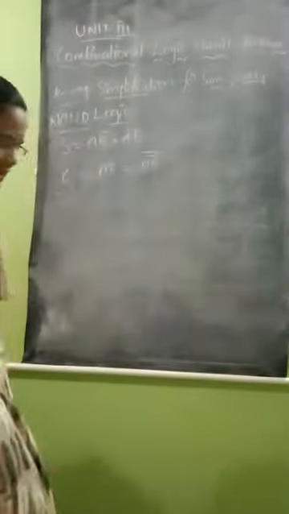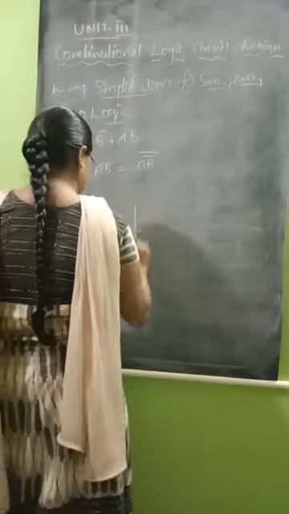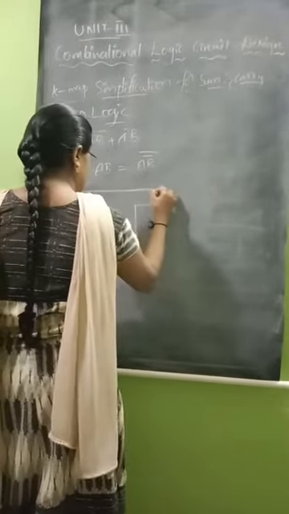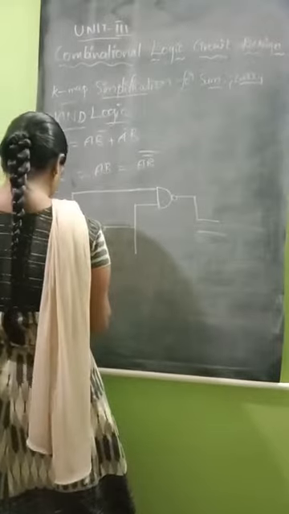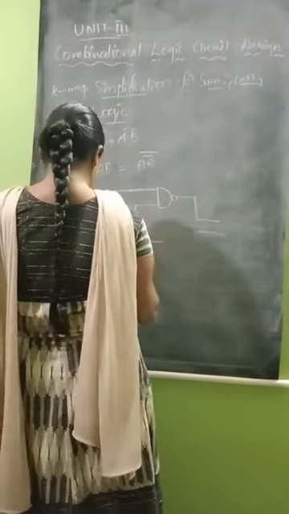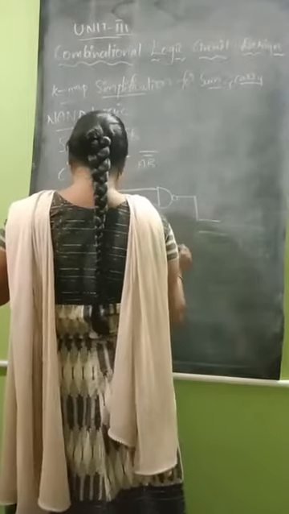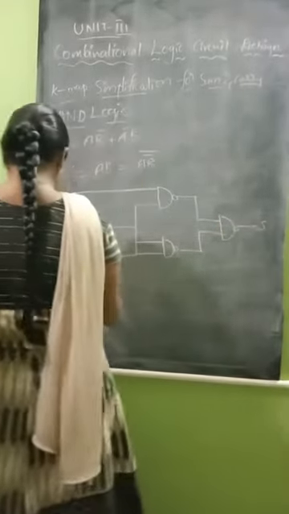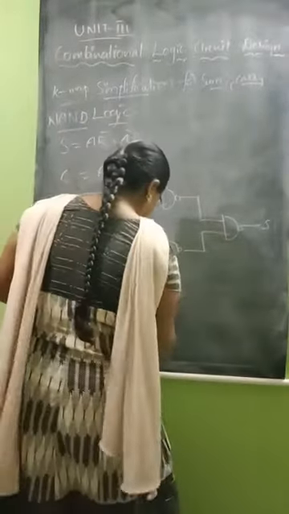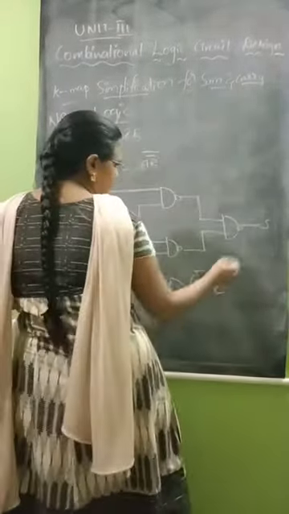So by using the NAND logic circuit, here AB double bar, this is the carry and this is the sum.